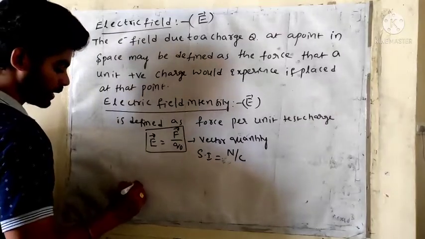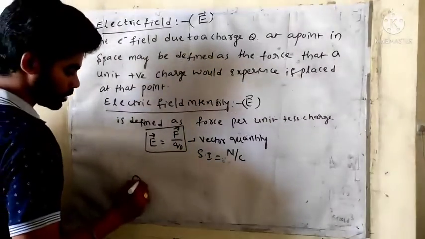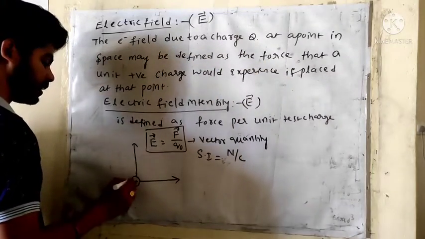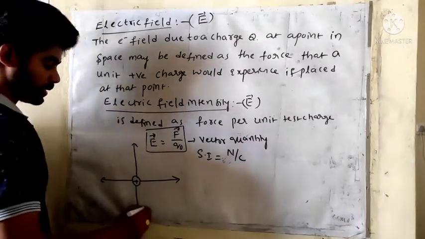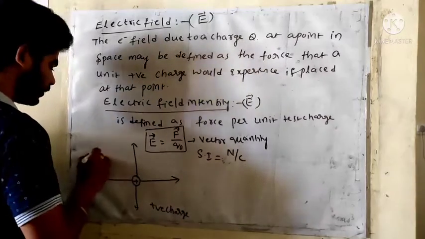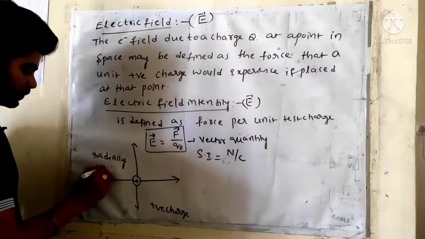Suppose we take the electric field intensity from a positive point charge. For a positive charge, the electric field lines are radially outwards.